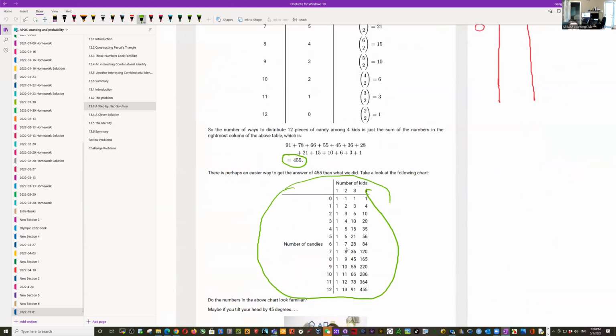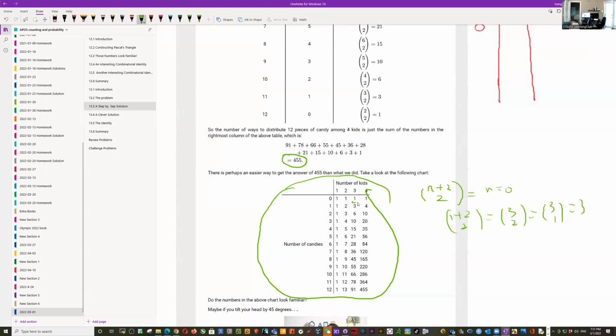For the 3 kids, n plus 2 choose 2. So for example, n equal to 0: 0 plus 2 choose 2 equals 1. And 1 plus 2 choose 2 equals 3 choose 2 equals 3 choose 1 equals 3.